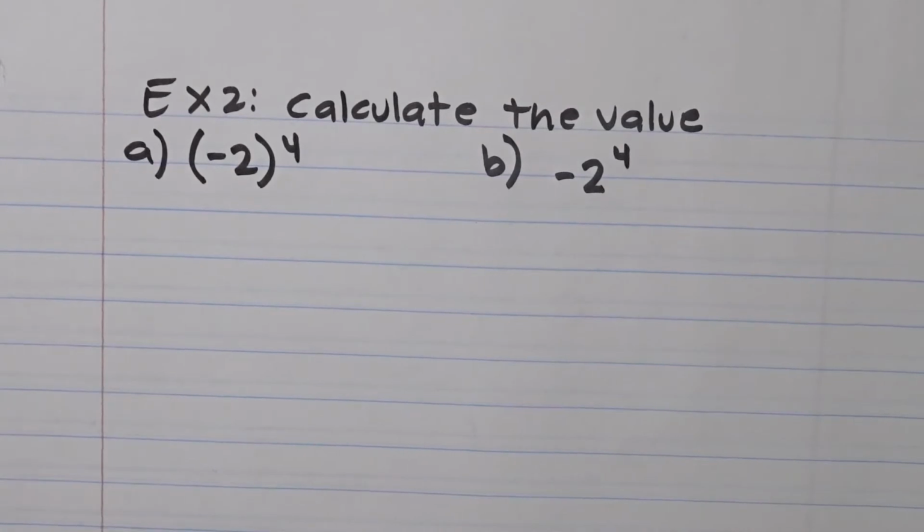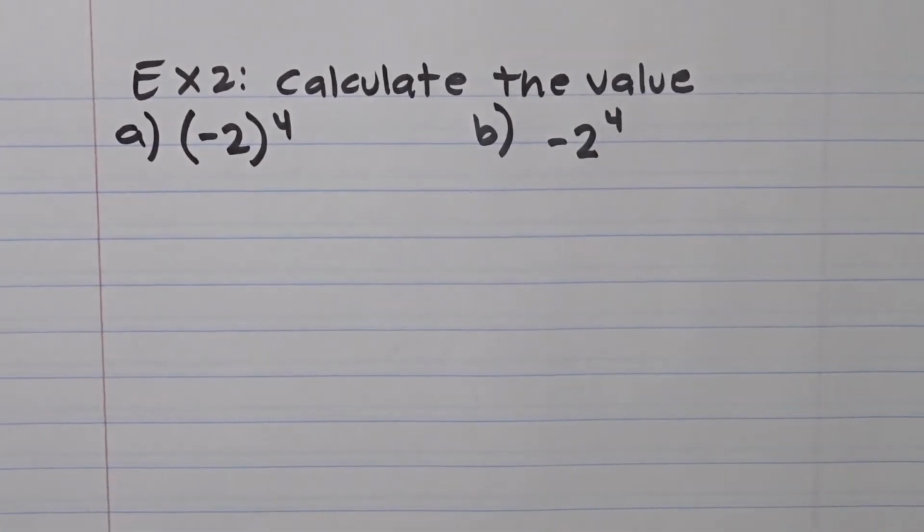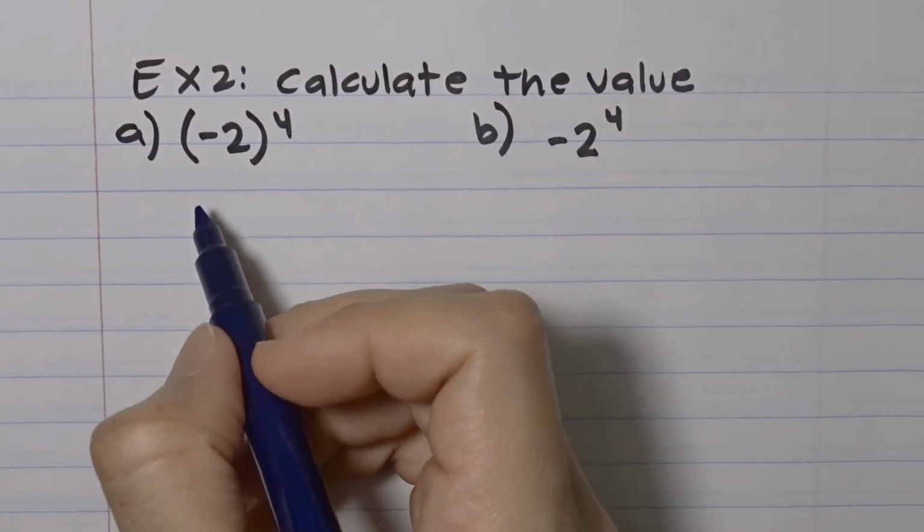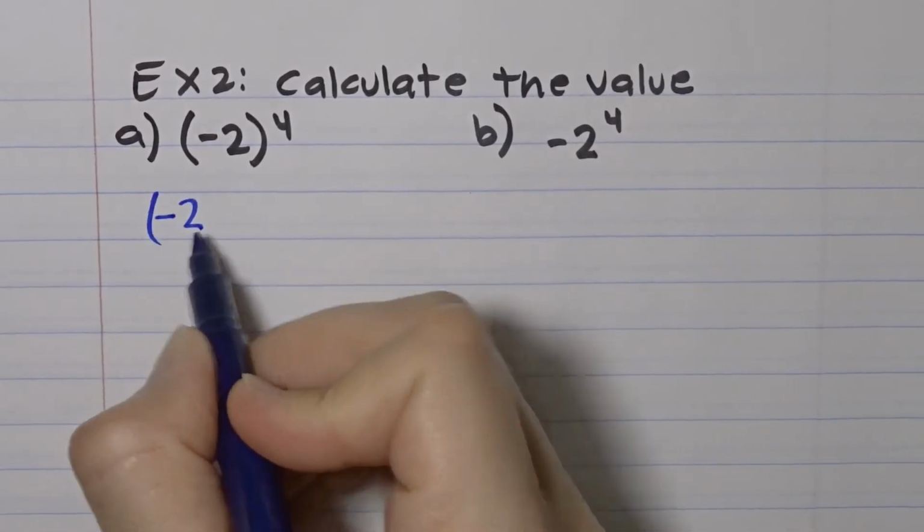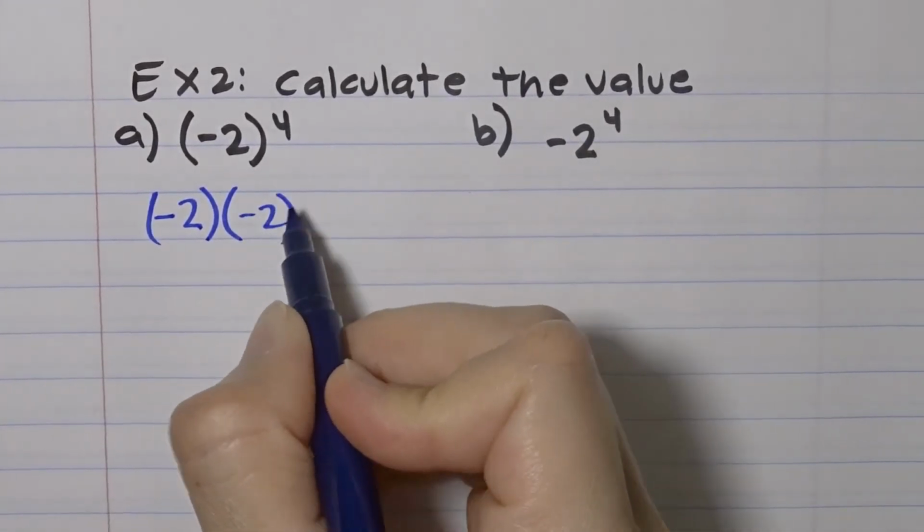So they look similar, but one of them has a set of parentheses and the other does not. Now, what is the difference? Well, parentheses have the purpose of grouping things together. So the parentheses are telling us that the negative and the 2 are being raised to the 4th power, which means my base is -2. So that's the number, -2, that's going to get multiplied by itself 4 times.